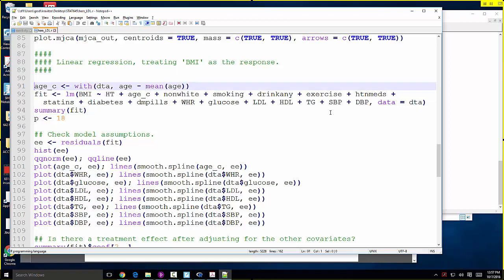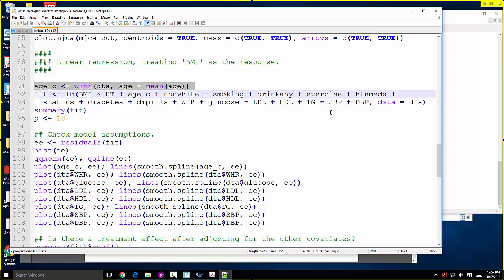I'm also mean centering age. Remember that an intercept is defined as the mean response when all the covariates are equal to 0. So if I don't mean center age, beta 0 is not interpretable.